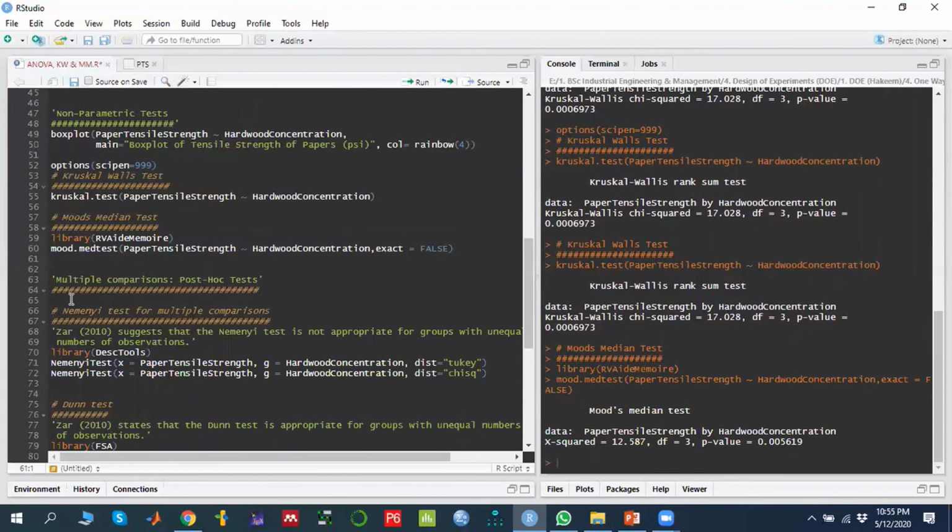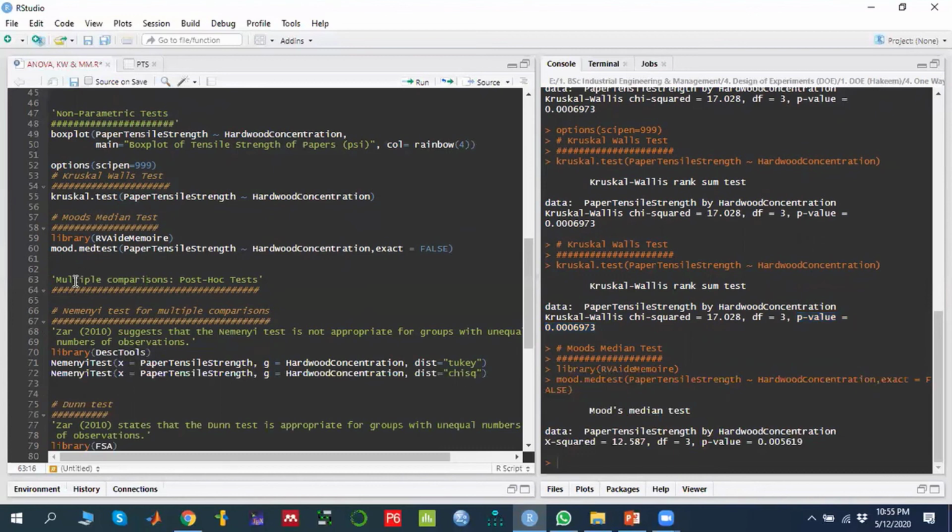If you are using a non-parametric test and you find, like we have here, that on a median basis the hardwood concentrations are not producing the same paper strength, then we can check which ones are equal to the others or which are different from the others.